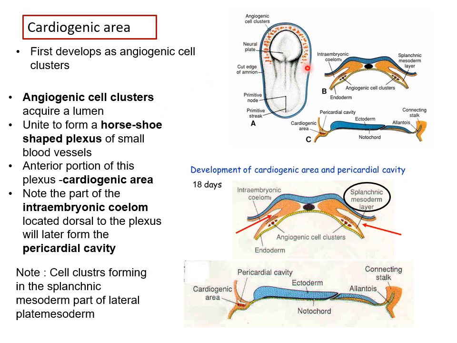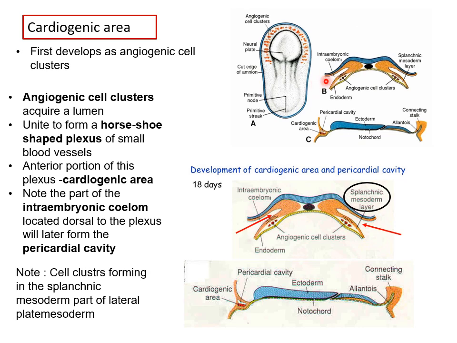Now, in the figure, if this is the whole horseshoe shaped plexus, look at the most cranial end of this plexus, and that is the future cardiogenic area where actually the heart will develop.